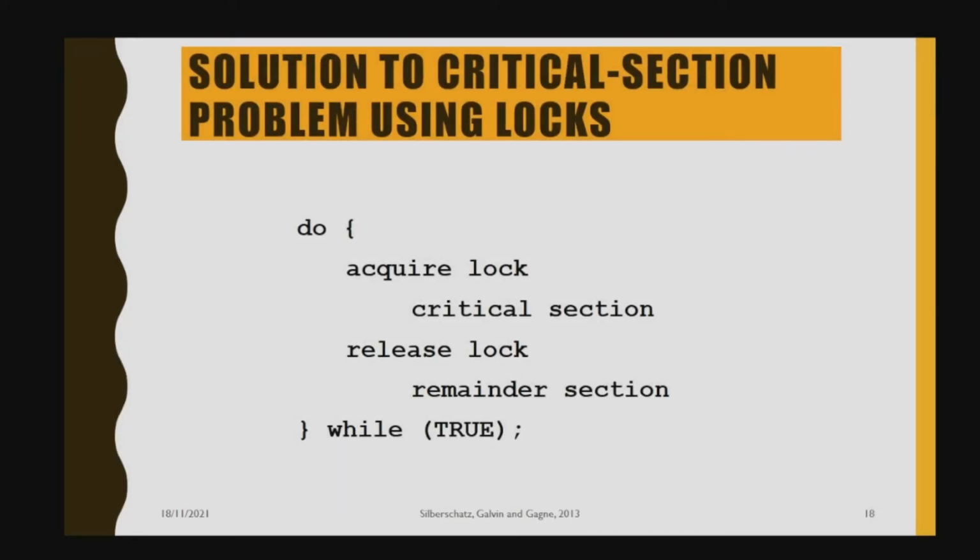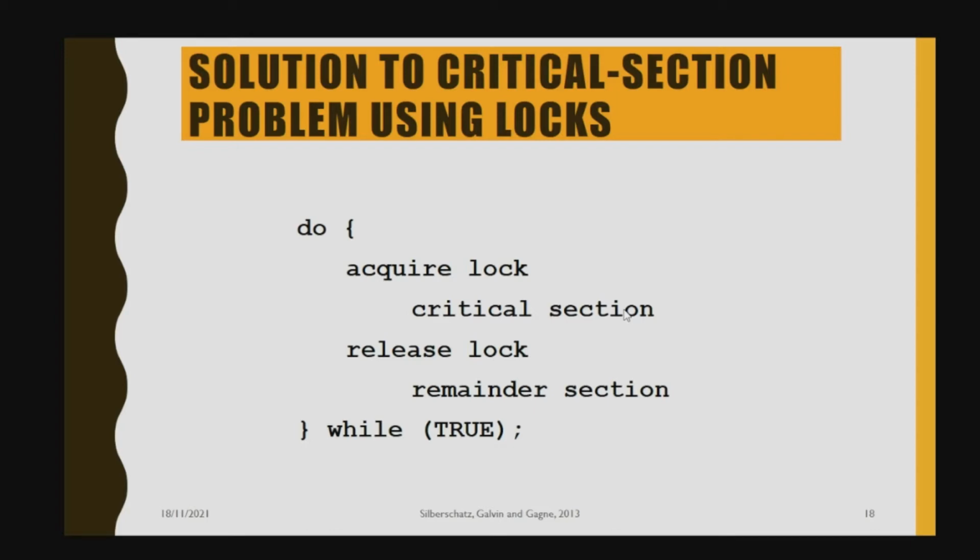Here we have two functions that we call the acquire function and the release function. In the coding part, it looks like this. We acquire the lock because we use the lock as a solution. So we acquire the lock at the critical section, and then release the lock. Let's say we have process 1 and process 2. Process 1 is running, so it acquires the lock for the critical section.